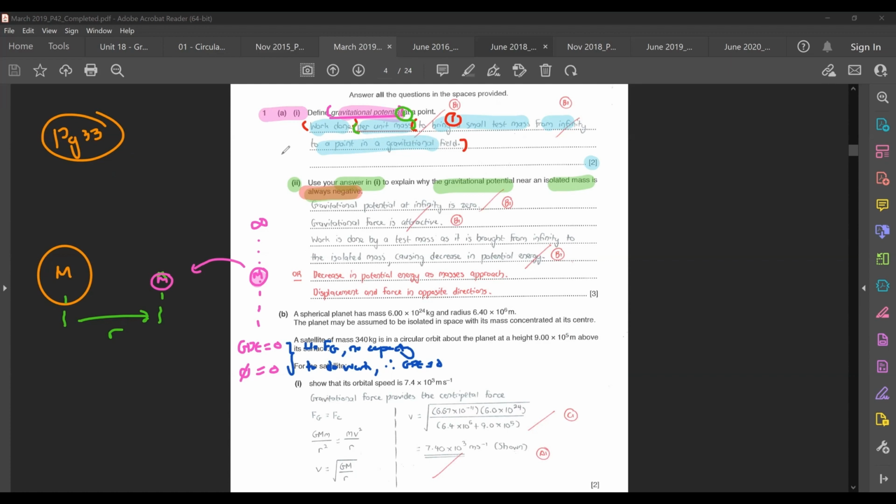Let's just see whether there's any existing force acting on the test mass. By right, there should be. We know that gravitational forces are attractive by nature. So if at this point, I consider a distance slightly less than infinity, there should be a gravitational force acting on it.